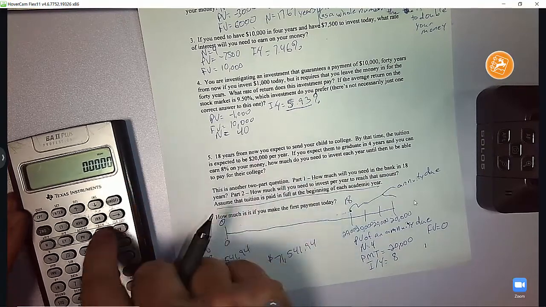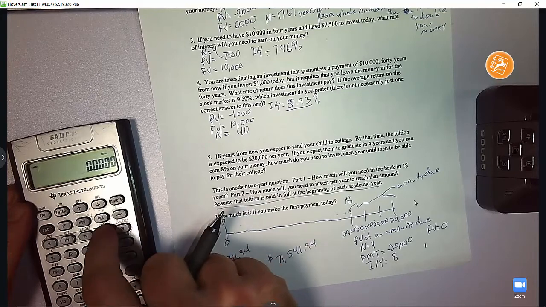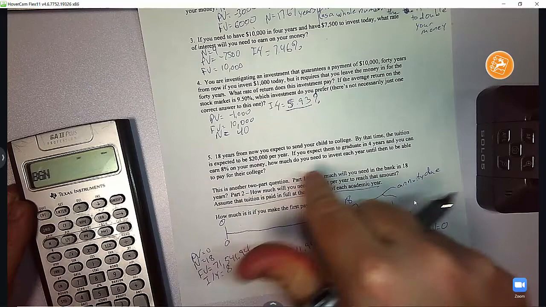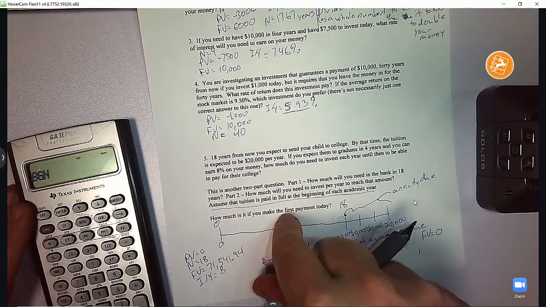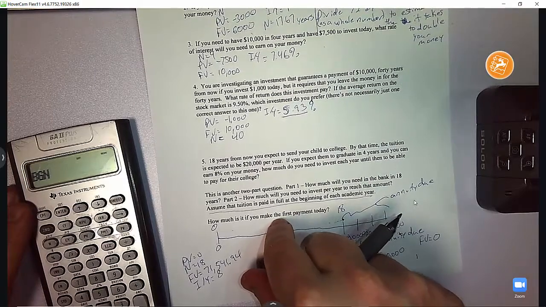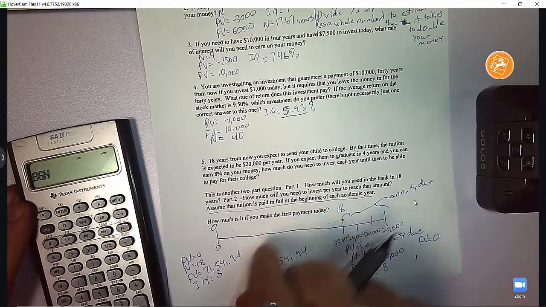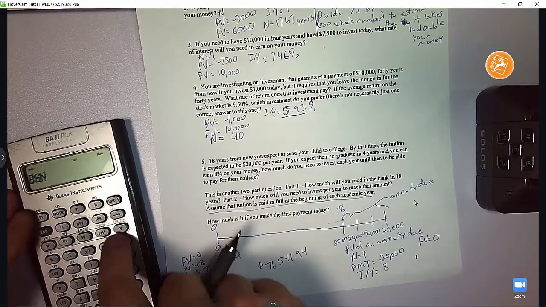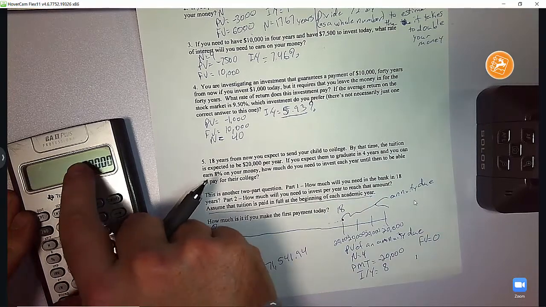So the first thing I need to do is press second and then my payment button, because this is going to be a regular annuity, I'm making my payments at the end of the year. The last question here is we're going to solve for an annuity due if I made my first payment today. But we're going to start off by solving for a regular annuity. So I'm going to press second and enter to switch that back over to end. And you can see that BGN up here went away.